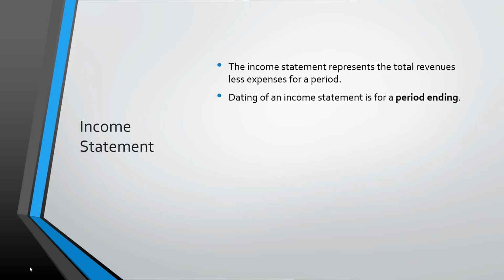Now, the dating of the income statement is for a period ending. When you look at the heading, it'll say, Apple Incorporated income statement, for the period ending December 31st, or for the 6 months ending June 30. So it's always going to be for a period.